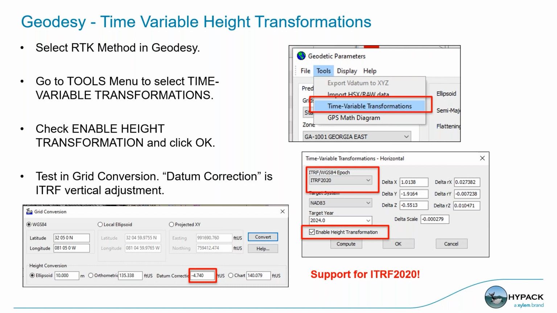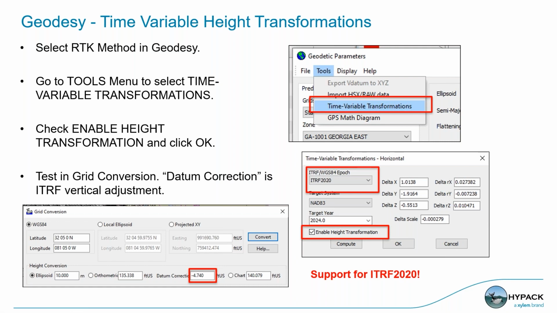So what we are doing here is that you could go under Tools and Geodetic Parameters, click on Time Variable Transformations. It's going to bring up your normal window. You select your ITRF. We do support 2020 now, but the most common is probably the 2014. Select that. Target system, we've tested only in NAD83.